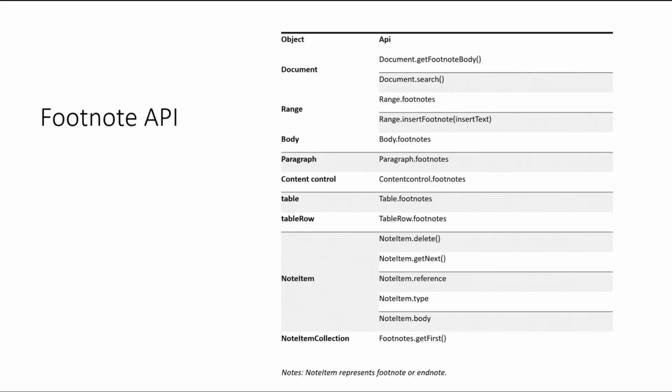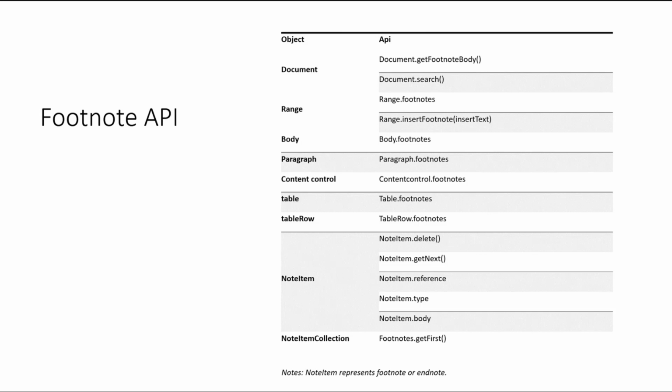This is a list of the objects we support. You can see that the whole object structure supports footnotes. So you can get footnotes from different levels, and the footnote itself we named a note item, not footnote, because it will support both footnote and endnote.